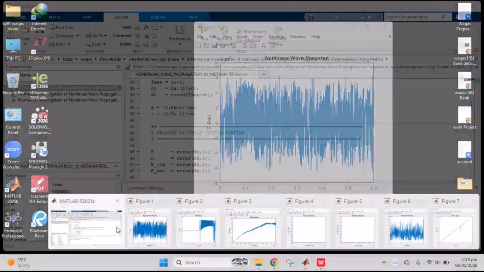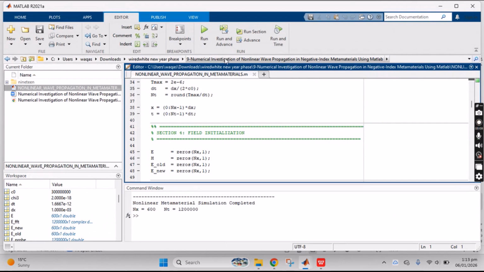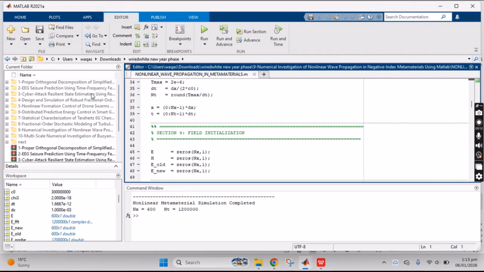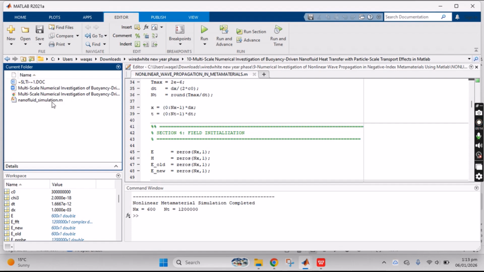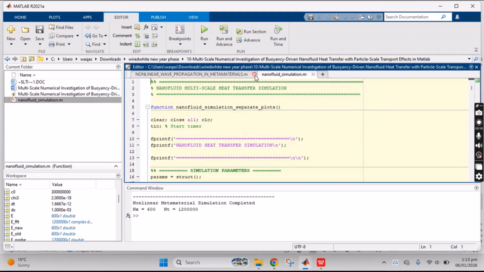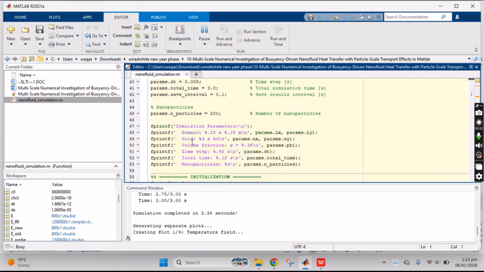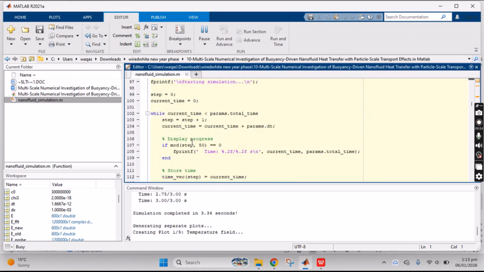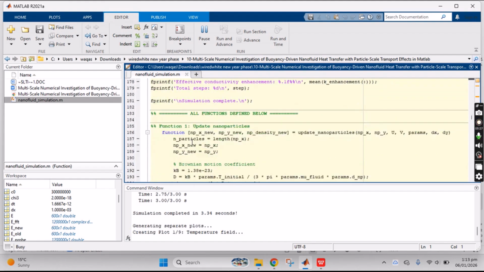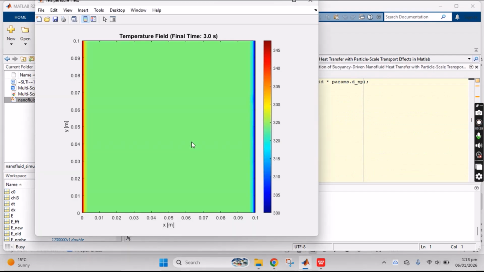Let me just provide you the output. Multiscale. These are the output results for the simulation as well. When you run it, you will get the output results accordingly.